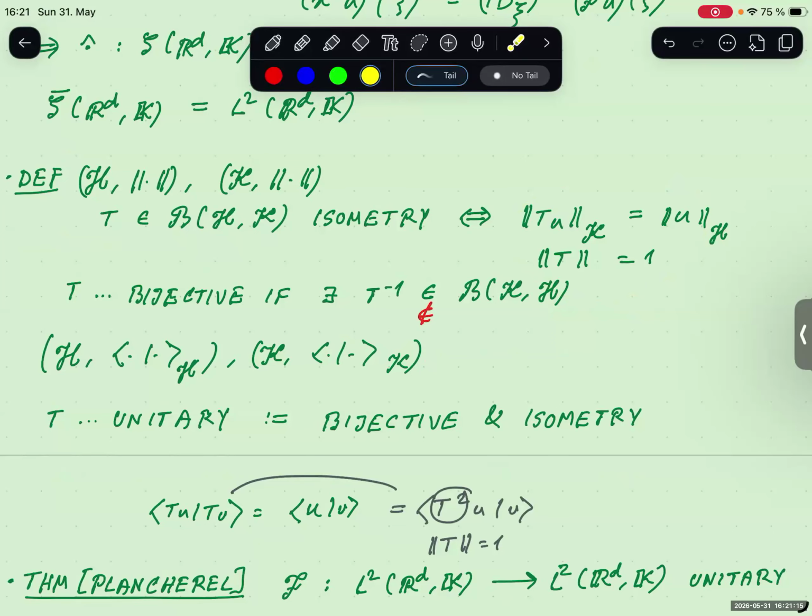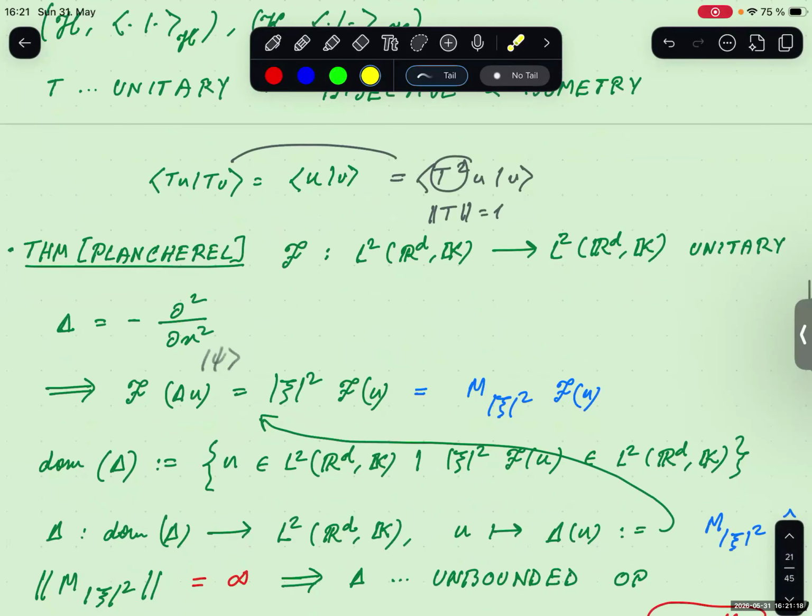Okay, and Plancherel's theorem tells us that the Fourier transform is unitary. That's the thing we are using. So does it answer your question?